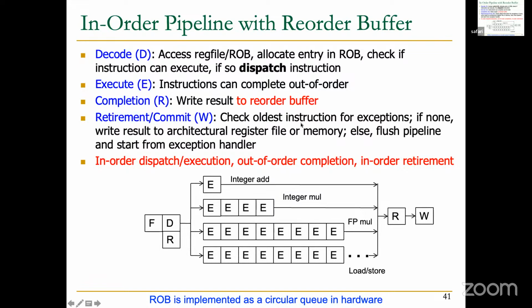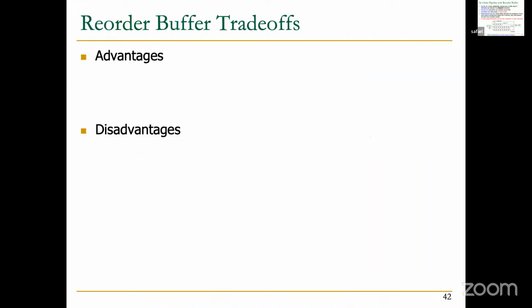And if it doesn't work that way, unfortunately, if there's an exception, for example, then this control logic flushes the pipeline and starts from the exception handler, just like we discussed earlier. And that's the final pipeline that we built today.